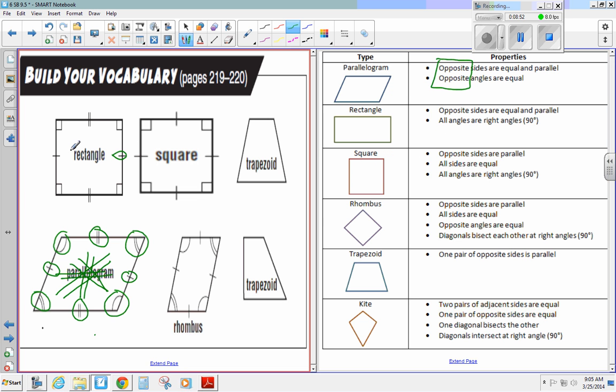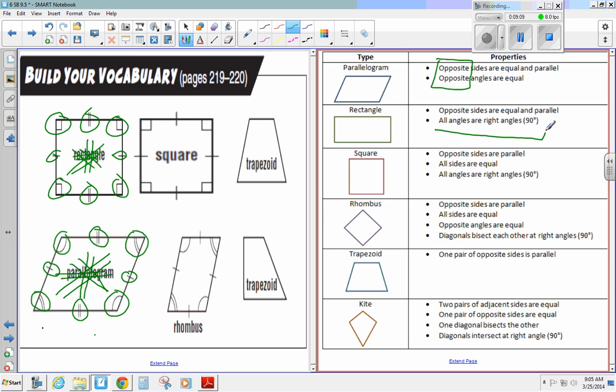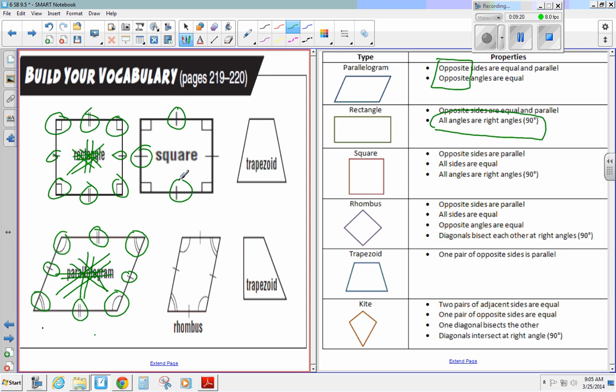So everything about a rectangle is parallel except that you have to add in here that all angles are right angles. This is a key. A square is also a parallelogram, except that all of these are equal. Opposite sides are parallel, all sides are equal, and all angles are 90 degrees.